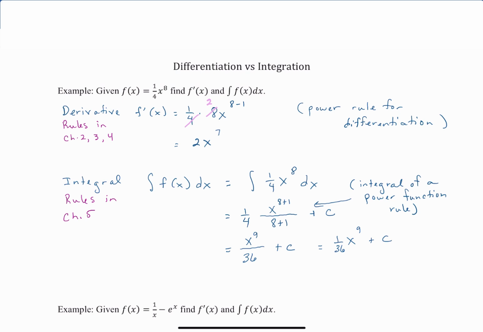So 2 different procedures with a different set of rules, and you have to know the notation to understand which one you're being asked for. So I know I was looking for a derivative in that first problem because it asked for f prime, which means the derivative. And I know in the second part of the problem, I was being asked for the integral because we have the integral sign before the function and the dx after.